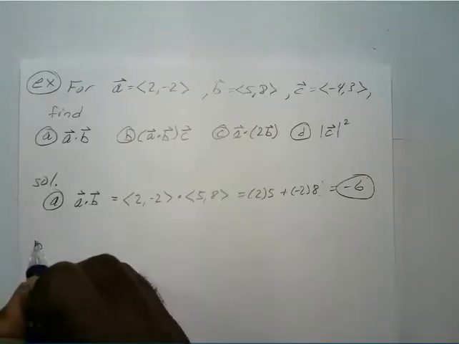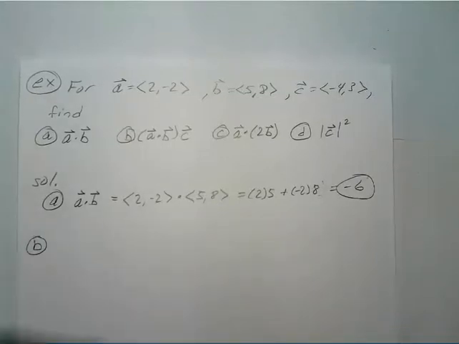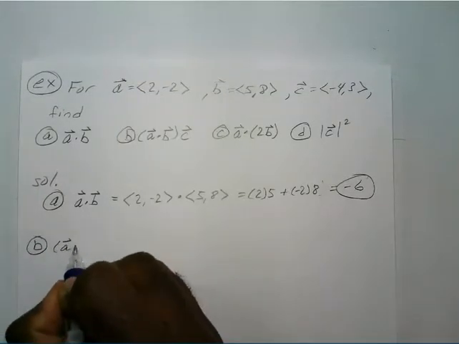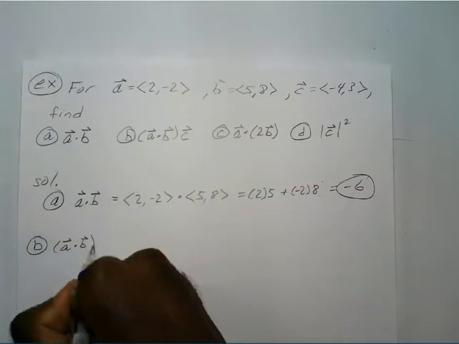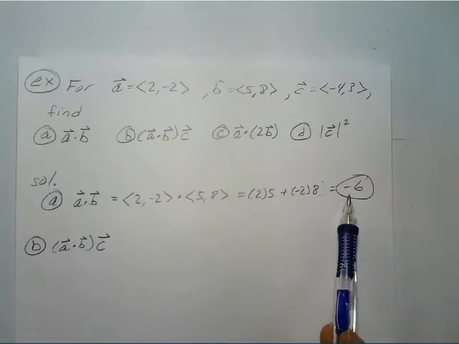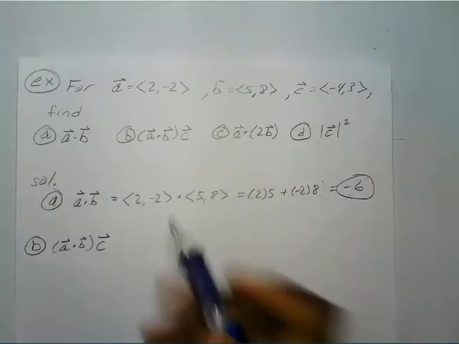All right, so for problem B, we have the dot product of A and B times the C vector. Well, this one should be pretty easy because we already figured out the dot product of A and B is -6.